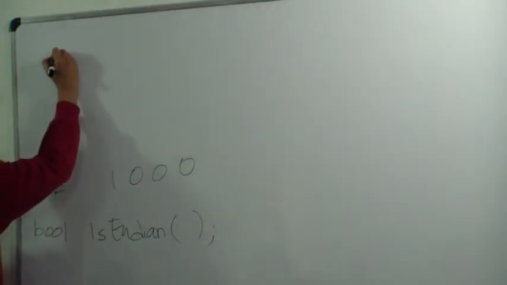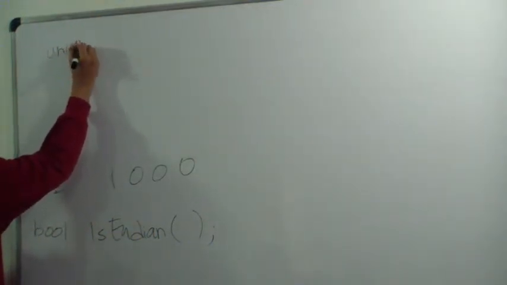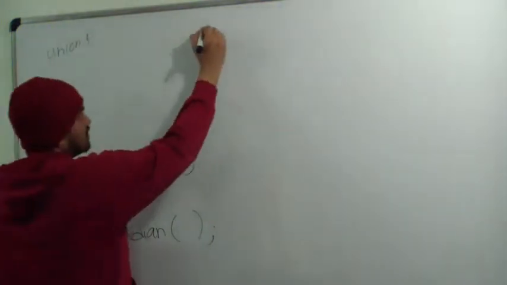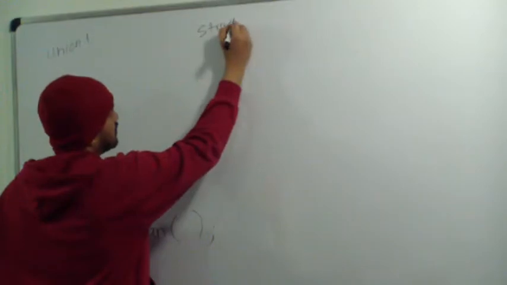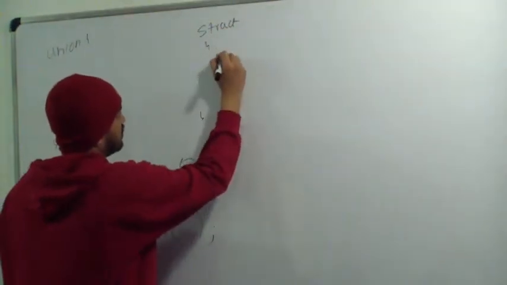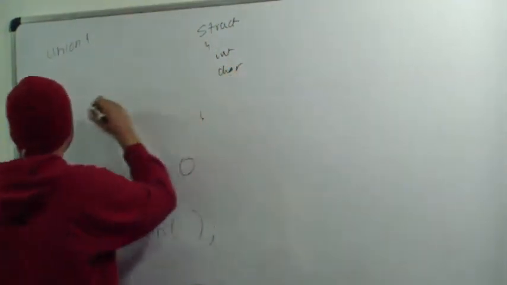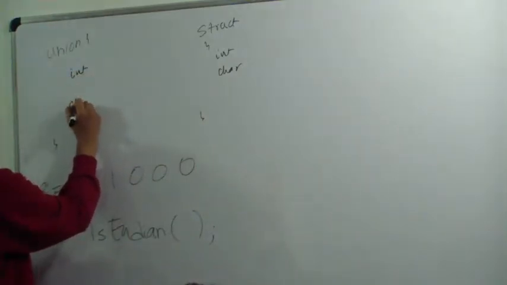You have something called union. I swear to God, till the time I read this, I had no idea what union is. The union is just like a structure. You can define whatever you want, int, char.